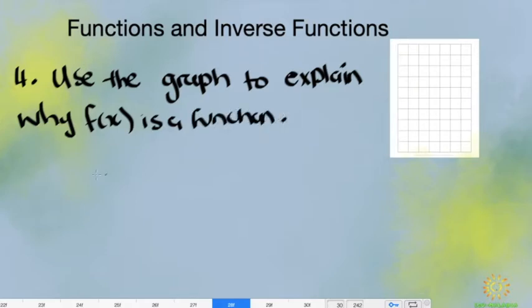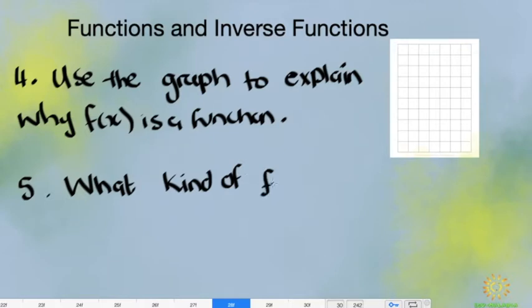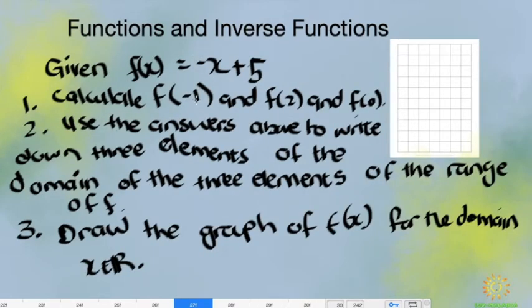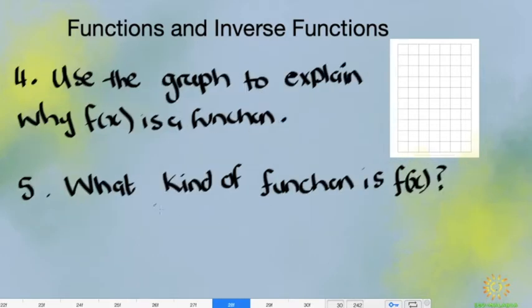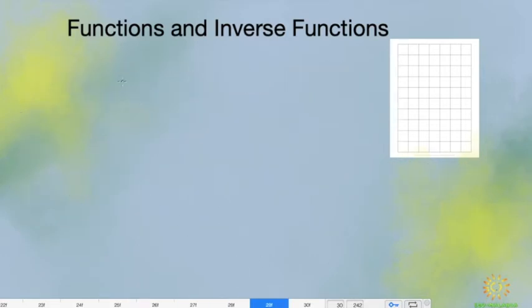The last question is what kind of function is f(x)? So this is our graph, and we also compute it at -1, at 2, and at 0. Then we ask those questions.